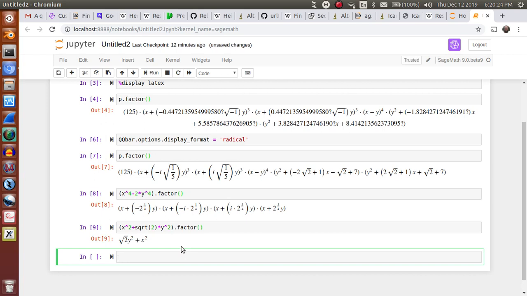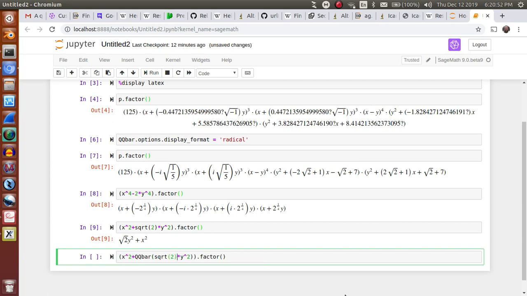Yeah, that one didn't work too well, because that is not a QQbar factor of 2. Let's make sure we put square root of 2 in QQbar. You think, why should we need to do that? And I would agree with you, that does seem a bit needless. I don't want that.